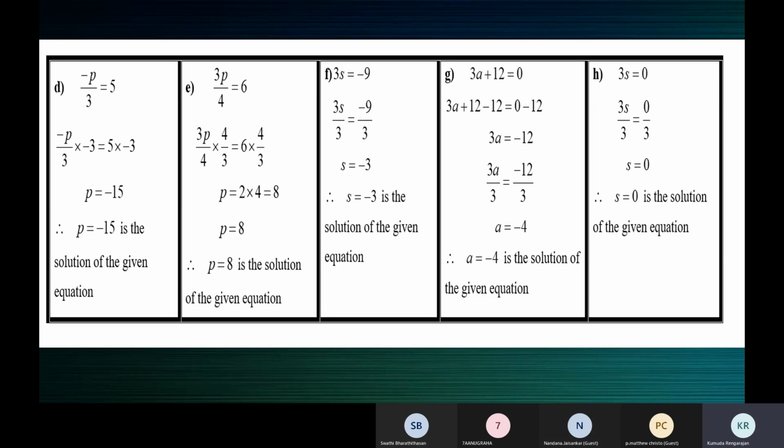So that way we get plus p is equal to, that is p is equal to -15. So instead of doing it in 2 steps, multiplying by 3 and then multiplying by -1, you can directly multiply by -3, because you're first doing by 3 and then by -1. So you can straight away do with -3.